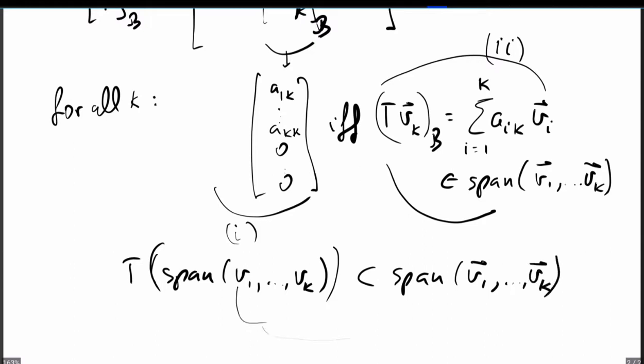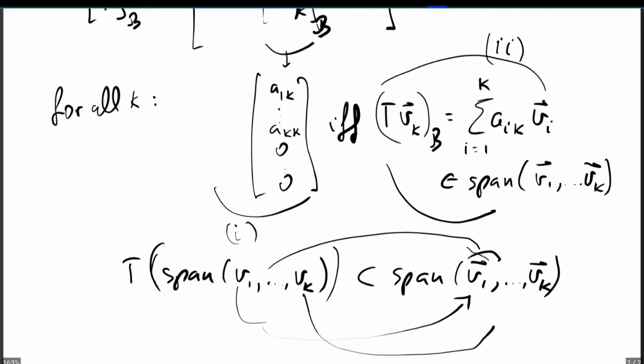Since v1 is in the span of v1, v2 is in the span of v1, v2, and all we know about vk is that it's in the span of v1 through vk, and since the linear operator has the linear property, any scalar multiple and any linear combination will also be in the span.